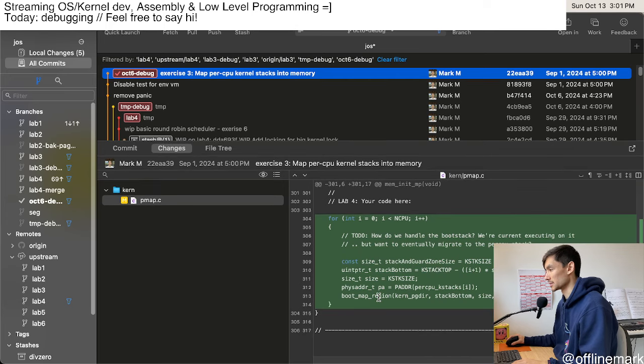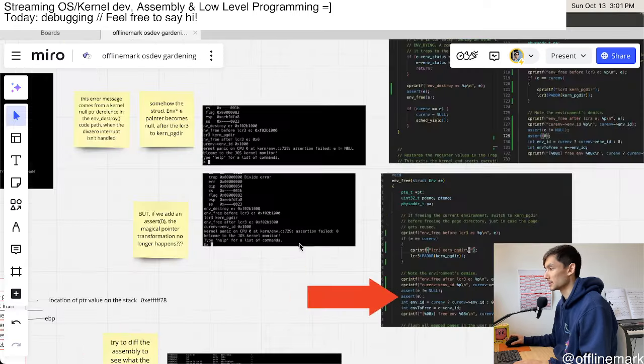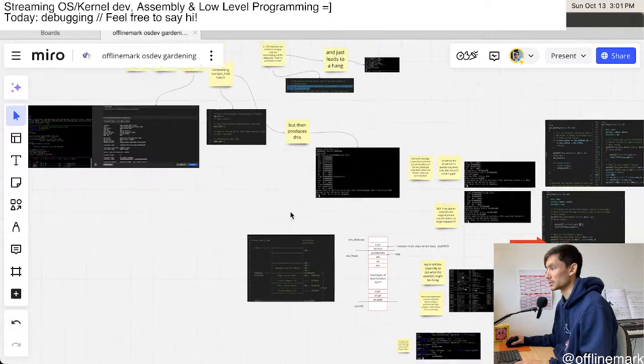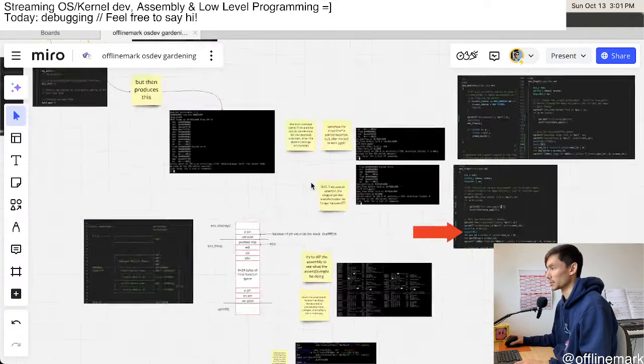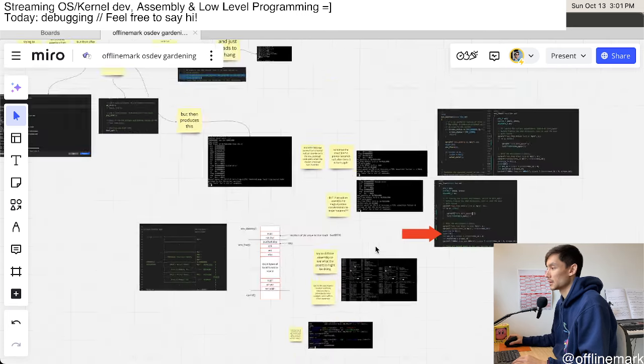If I comment out this line, we do not have the null pointer dereference, and execution simply works. That's just what we see here. I'm going to take a screenshot of this.